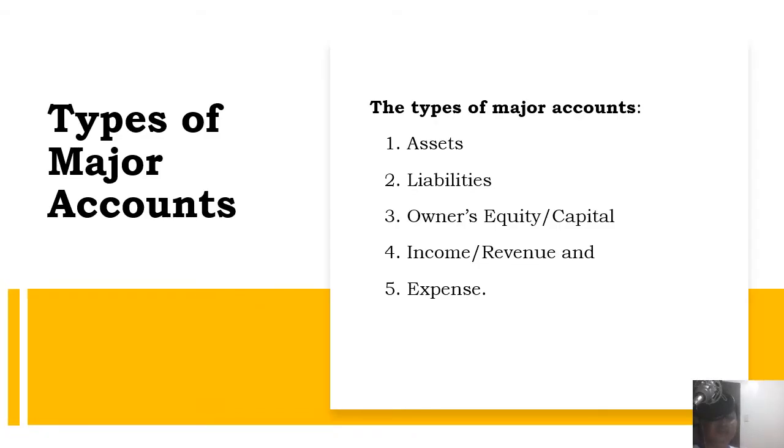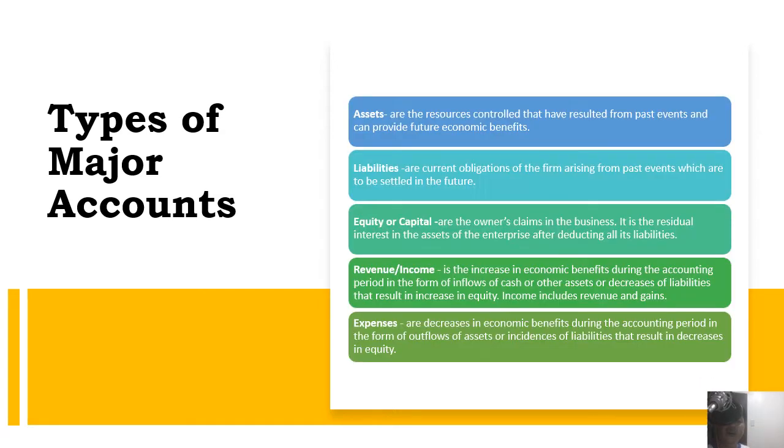We have 5 types of major accounts, namely assets, liabilities, equity or capital, income or revenue, and of course, yung expenses. So let's define yung 5 major types of account natin. So let's start with assets.